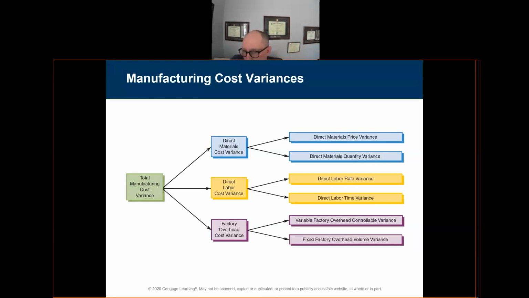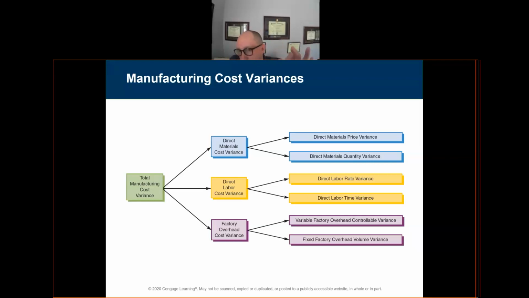Same with time, how long it takes to produce it: budgeted amount of time versus actual amount of time. For factory overhead, we have the controllable variance, which is variable cost, right? I can control my variables. The difference between the two, and the factory fixed volume variance.